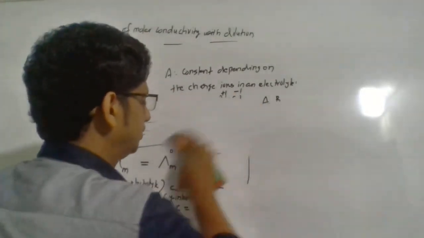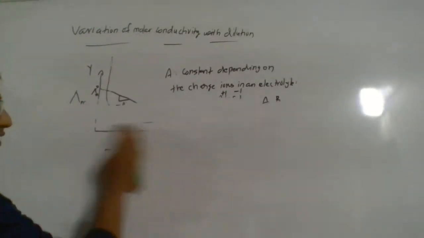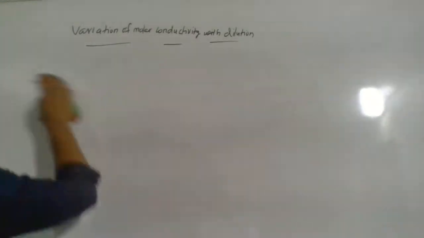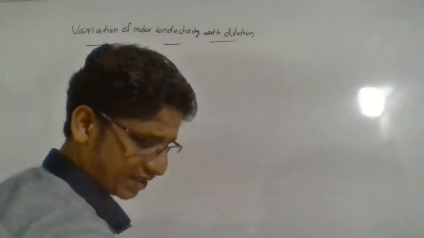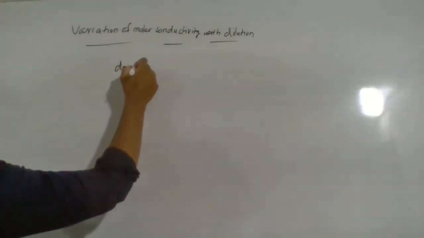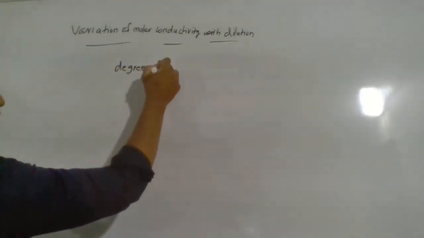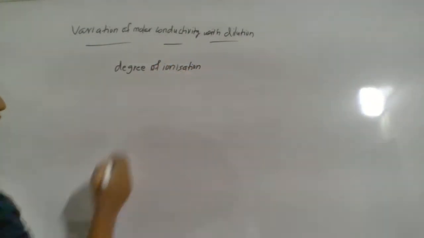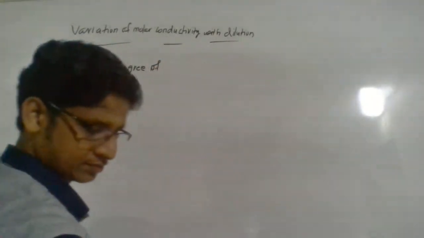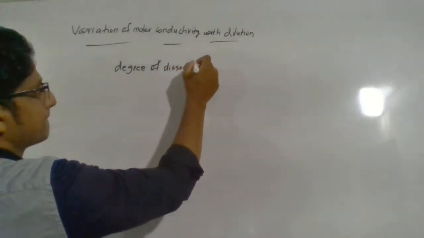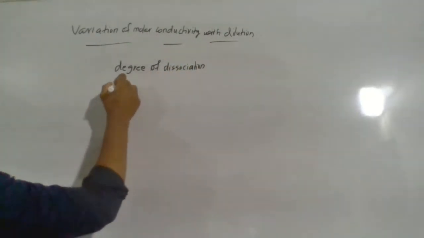Okay, so now let us discuss the degree of ionization. Now we can express the degree of ionization using our new term. We defined degree of ionization previously, and we said degree of ionization or degree of dissociation, represented as alpha.